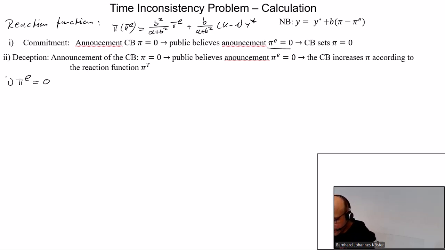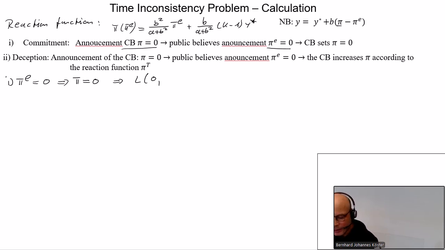This means in the commitment case, I really stick to my announcement of pi equals 0, and setting this into our loss function means we obtain L of 0. Due to the Phillips curve, if pi is 0, we are also setting total output to y star.